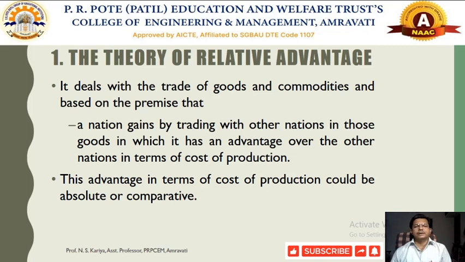They produce some particular form of goods, commodities and services, and make these goods, commodities and services available in another country. Now, according to this relative advantage theory, a country will make its product, goods or services available in another country whenever it is advantageous to that nation over the other country, particularly on the basis of cost of production.